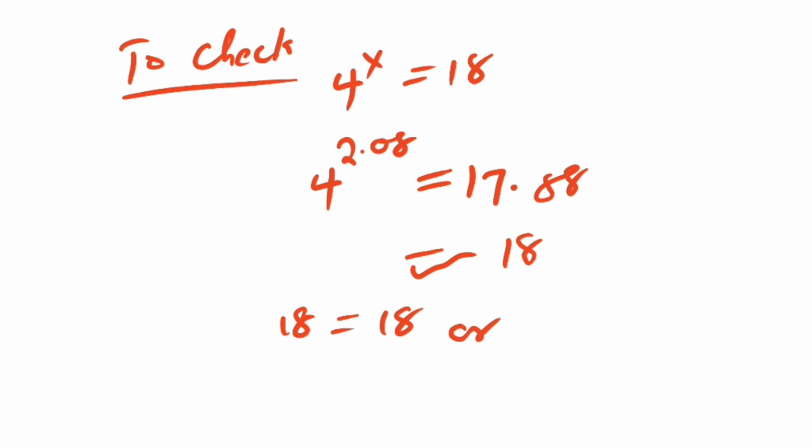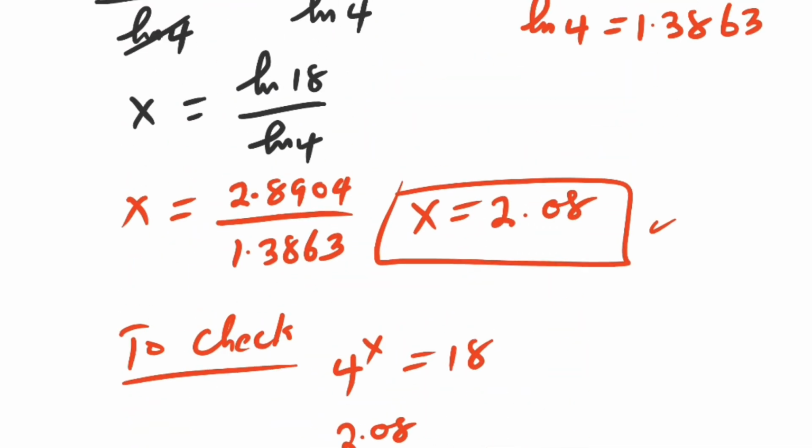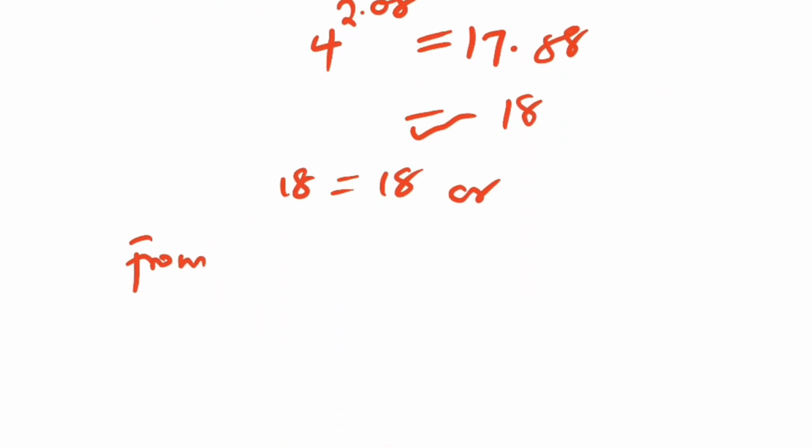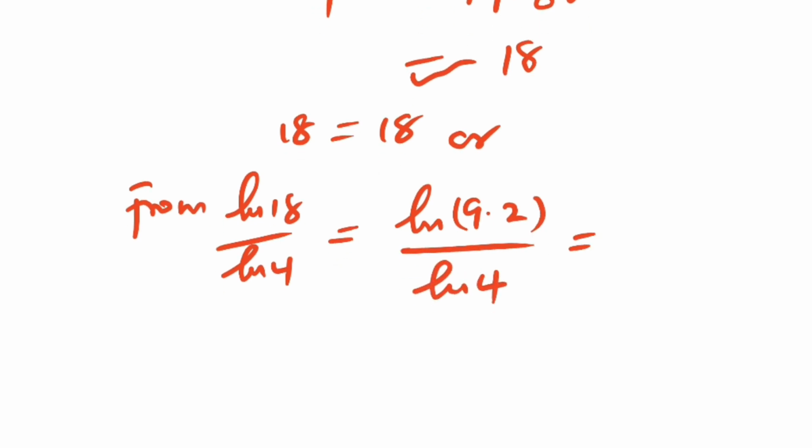Or if you want to leave your answer in natural logarithm form, from here, ln of 18 over ln of 4, we have ln of 18 over ln of 4. This is equal to ln of 9 multiplied by 2 over ln of 4. This is equal to ln of 9 plus ln of 2 over ln of 4.